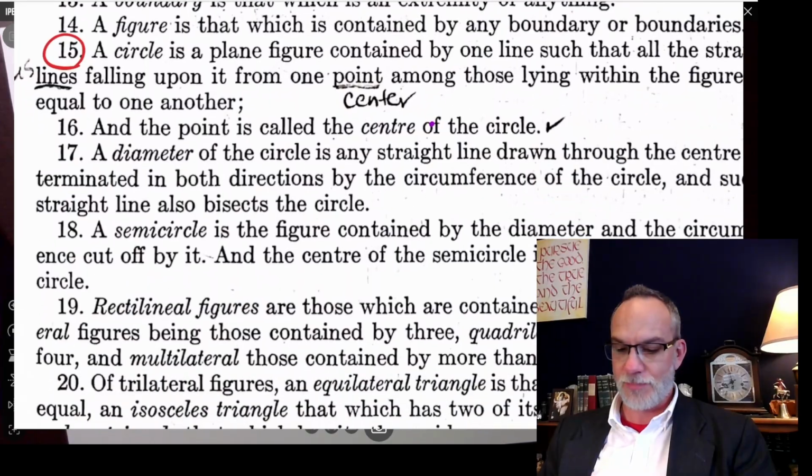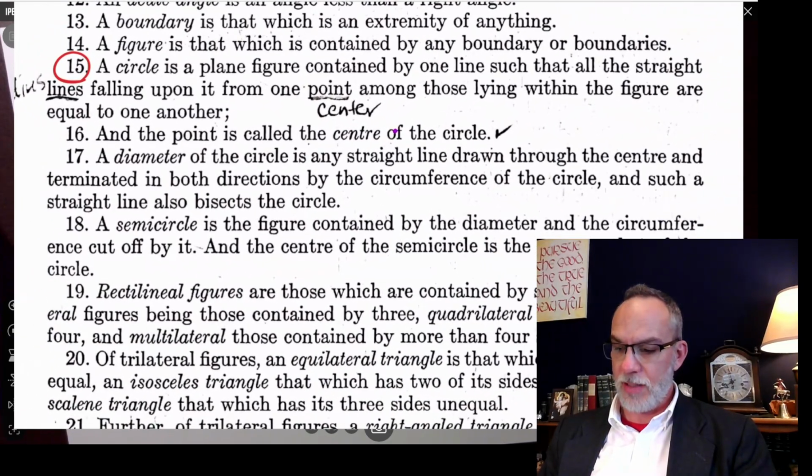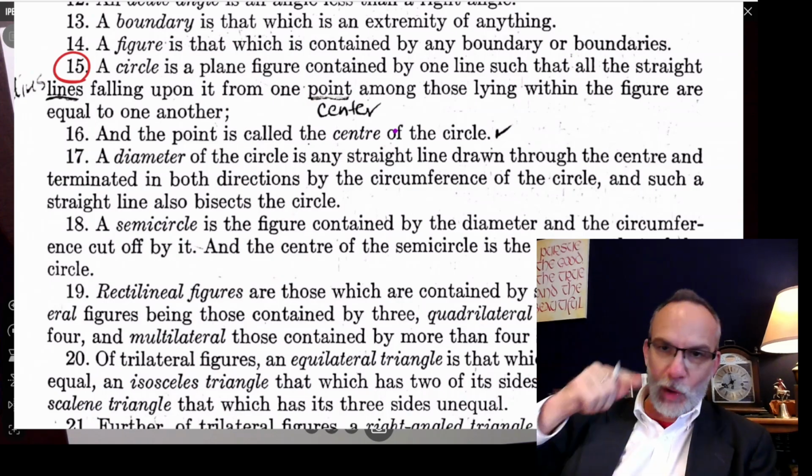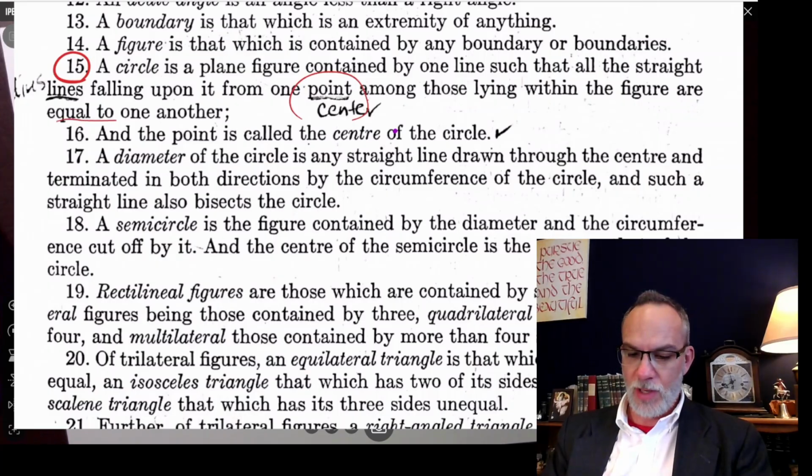Number 15 is good. A circle is a plane figure contained by one line, meaning a curve in that point, not a straight line, such that all the straight lines that come to it from one point called the center are equal to one another. And that point is called the center.